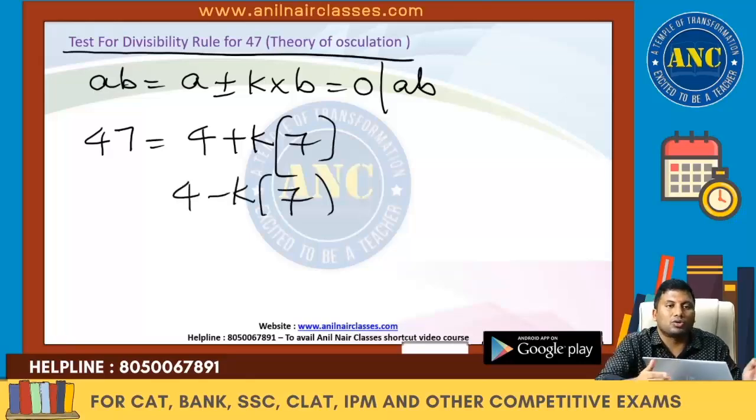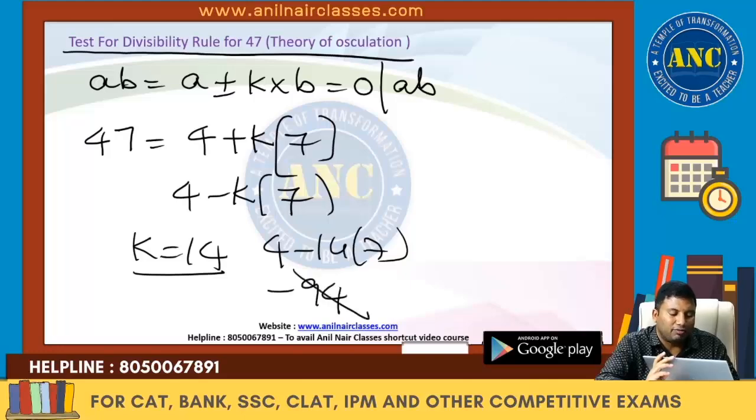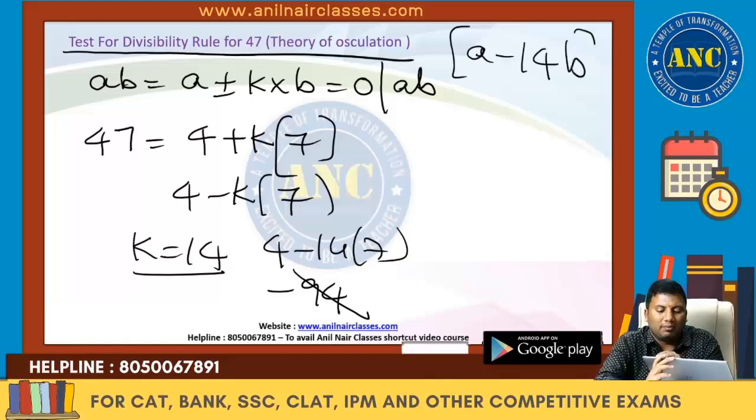Or if you want, I can solve the problem. K is nothing but 14. 4 minus 14 into 7 is minus 94. 94 is divisible by 47. So the divisibility rule for 47 is a minus 14b.